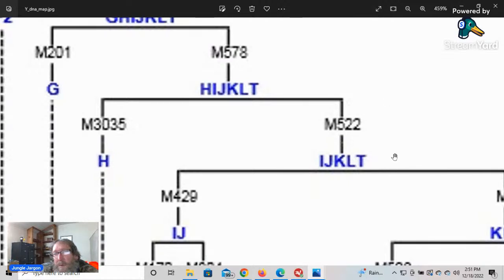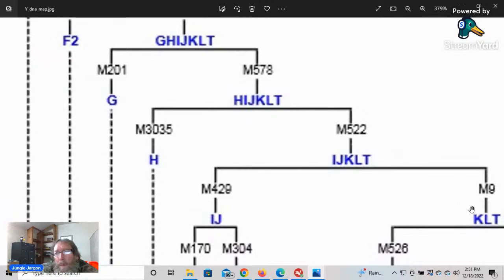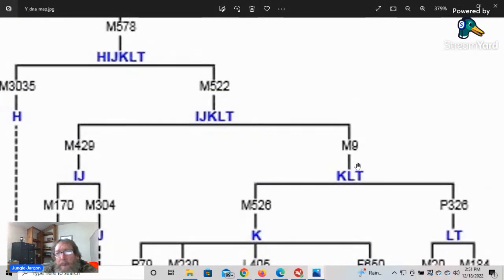You have to root the tree here with K, which would be Arpachshad, because he's the oldest brother.